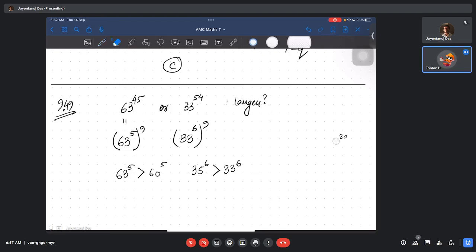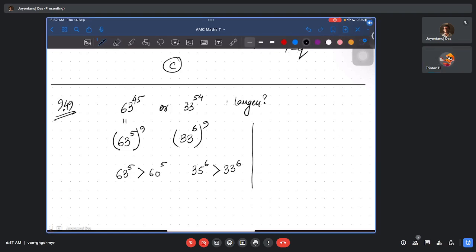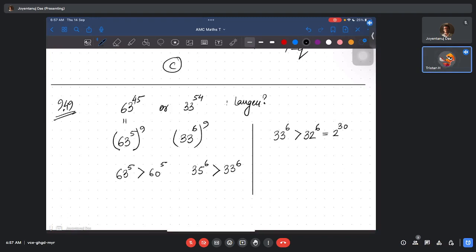I'm not too sure actually. Okay, so let us do it like this. 33 power 6 is bigger than 32 power 6, right? So 32 power 6 is 2 power 30, because 2 power 5 is 32.